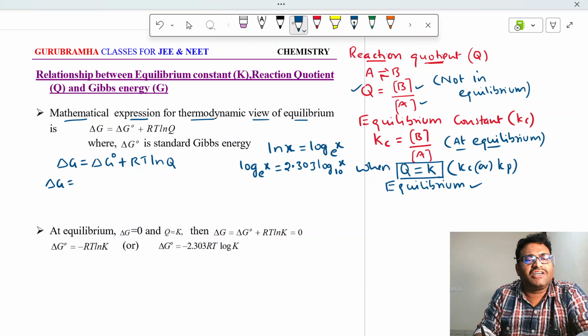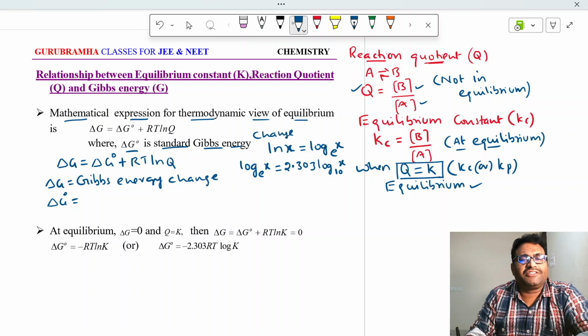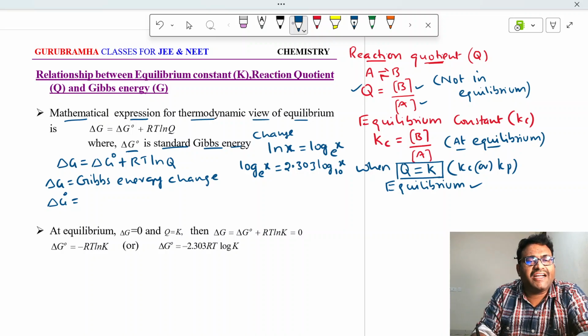Now what is delta G here? Delta G is Gibbs energy change. Delta G naught, as you already know, is the standard Gibbs energy change. When you write naught, automatically it will be standard.